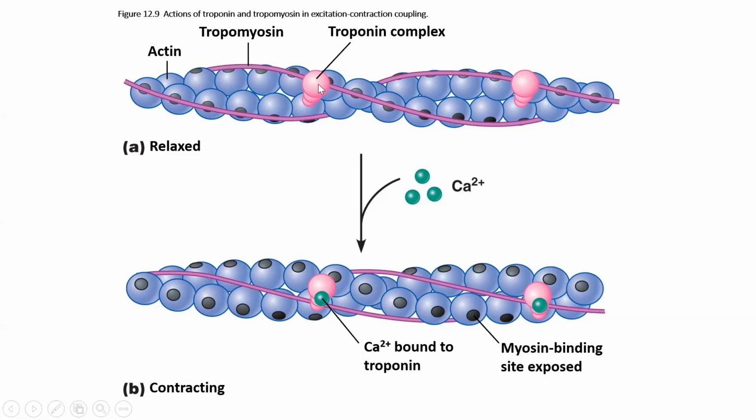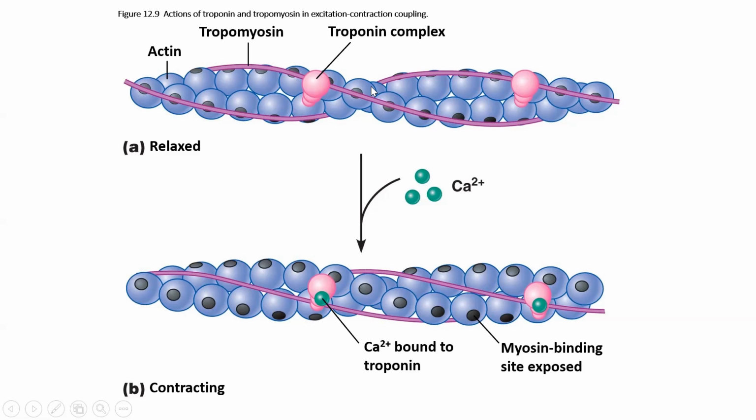It has a spot to bind calcium. It has a spot to bind tropomyosin, which is this thread-like regulatory protein, and it has a spot to bind the actual actin filament. And so when it doesn't have calcium on here, it's going to drag that tropomyosin to cover up these myosin binding sites.